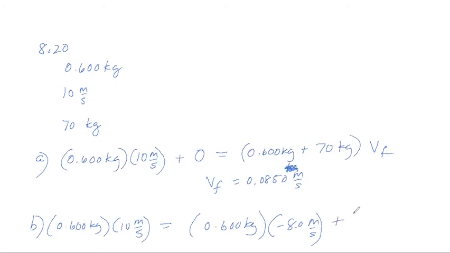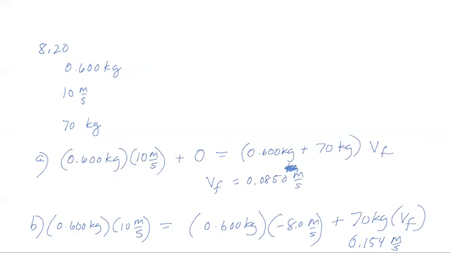Plus you, which is going to be 70 kg times your velocity final. And that is going to be 0.154 meters per second. So your VF is 0.154 meters per second.